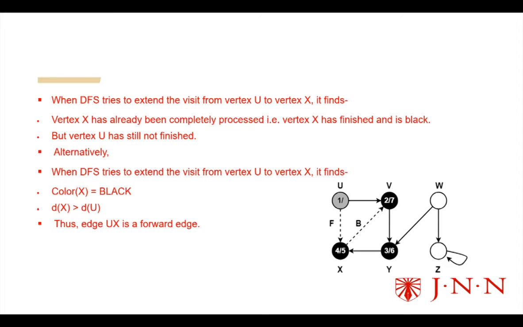So now the color of vertex x is already black, and the destination of x weight is greater than its ancestor weight. So that's why here we introduced a forward edge, and it has been represented with the variable f.